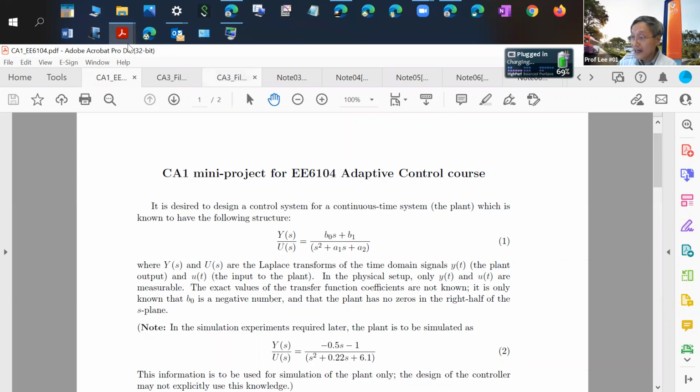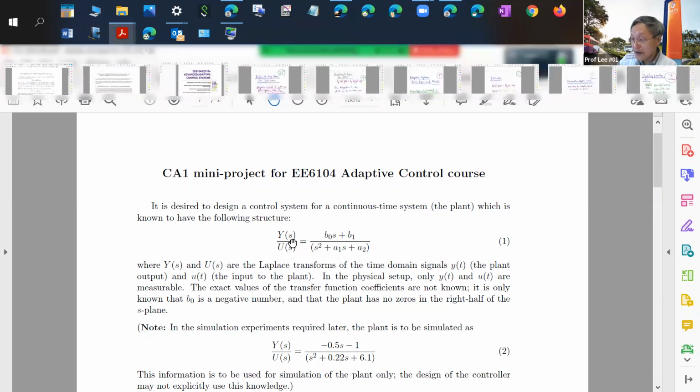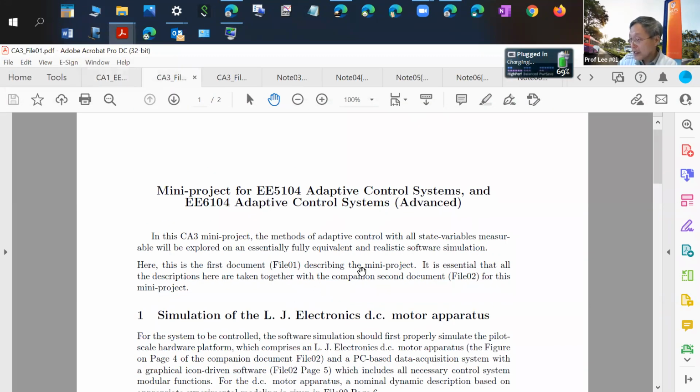And then CA3, the theory is actually simpler, but even though we're not using the lab hardware, I do want you to make it as close to the actual hardware situation as possible, so you can see some of the real things that would come up. So that's why I put it that way.